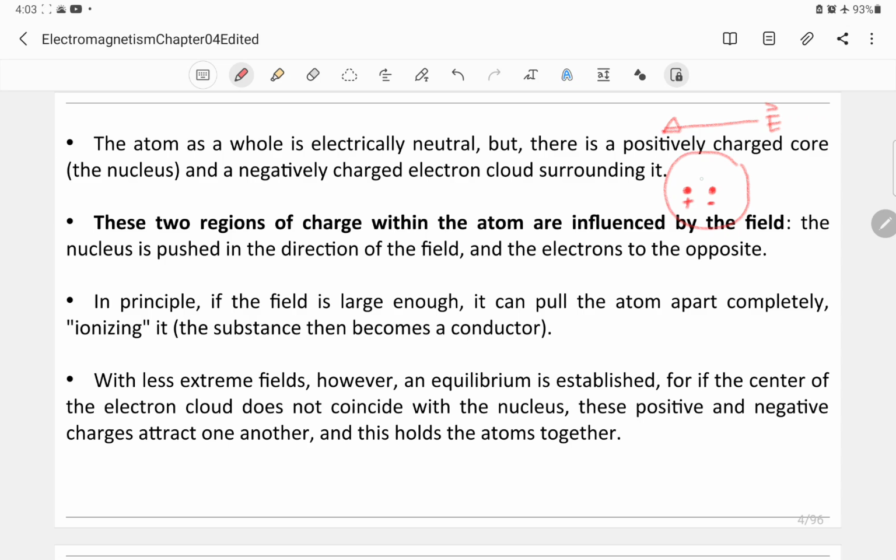And so you now have a separation distance d between positive and negative.